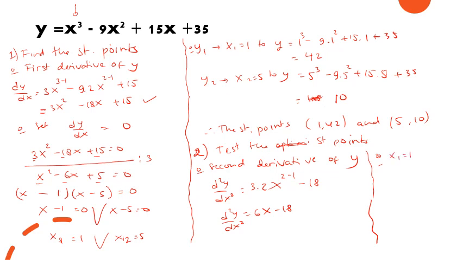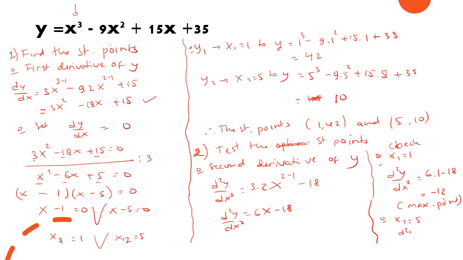For x1, d squared y over dx squared equals 6 times 1 minus 18, it is negative, right? Minus 12, so this is smaller than 0. It means it gives a maximum value. So this is a maximum point. The curve is going downward. And the second one, x2 is 5.